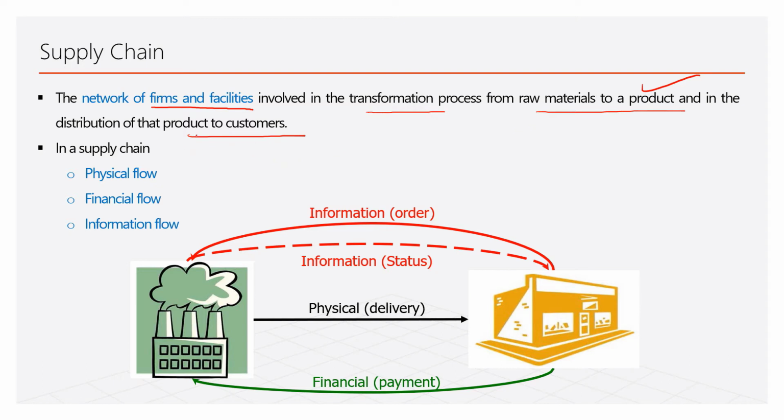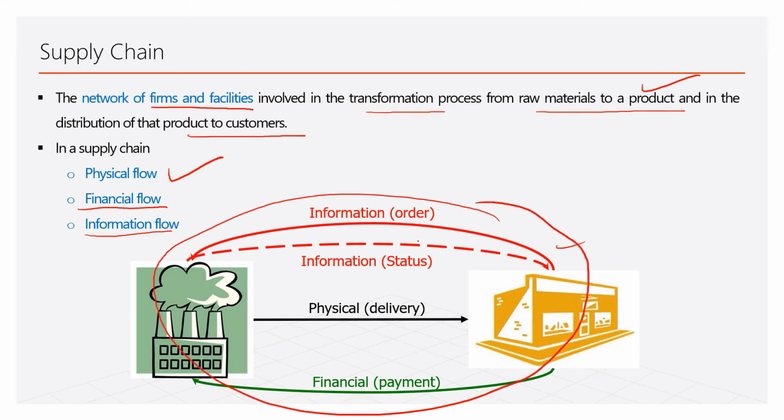Okay, so when we are defining the supply chain, we are basically dealing with three types of flows. One is the physical flow, that is basically moving from the manufacturing firm towards the customer. Then we have the financial flow, as well as the information flow. As you can see from this particular diagram, the flow of information is moving both ways.